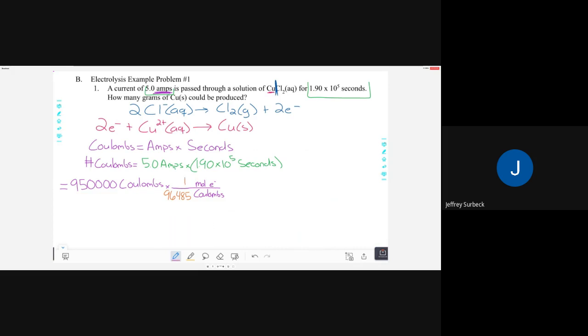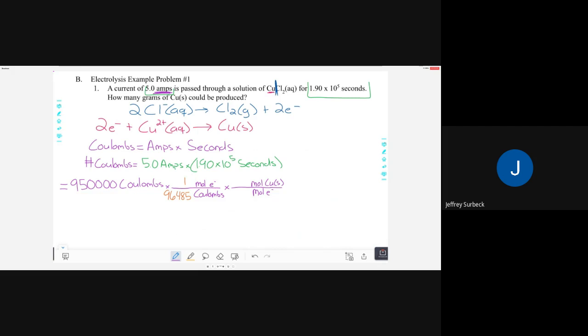Got it. We're still not at grams of copper, so we keep going. Now what cancels diagonal? Moles of electrons. If we're going from one thing, which we are, to another, on top, we want to go to solid copper, and I'm going to emphasize this with an S for solid copper, mole over mole.